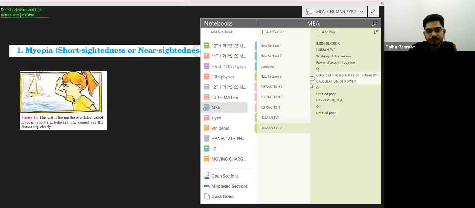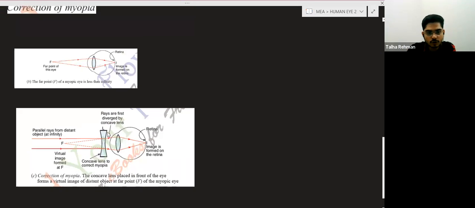See here, this is the concave lens. What is the work of this concave lens? This concave lens forms the virtual image of the object here, so that finally the image is formed at the retina and the person is able to see the image clearly.